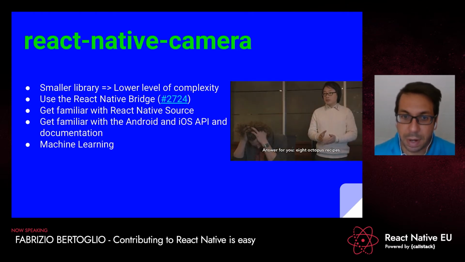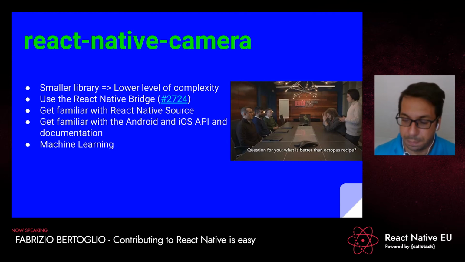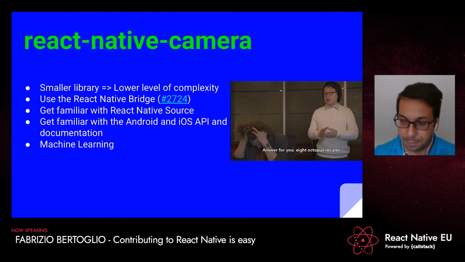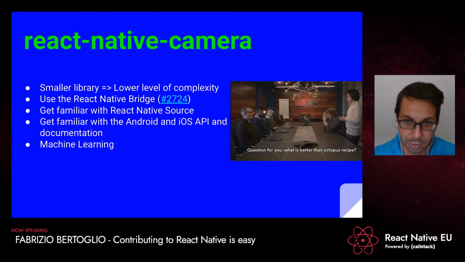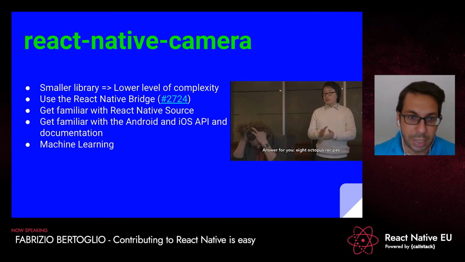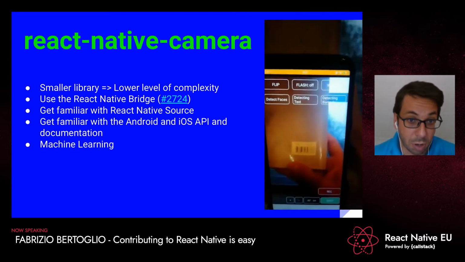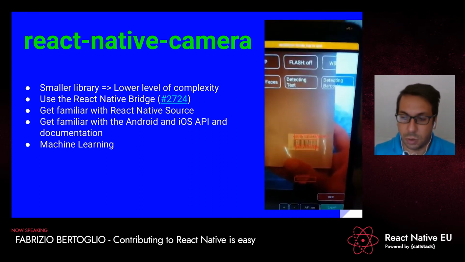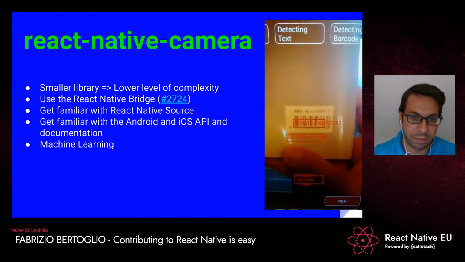It will be easier to contribute to a project like React Native Camera or another sensor API or native API, as the library is smaller, has a lower level of complexity, and has fewer files.